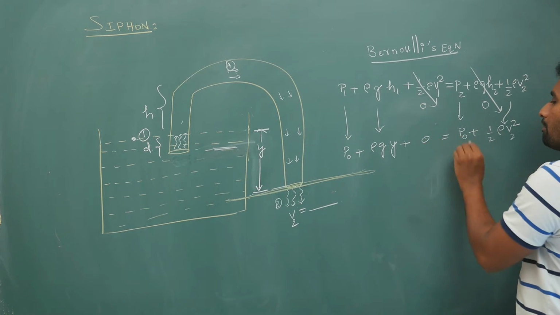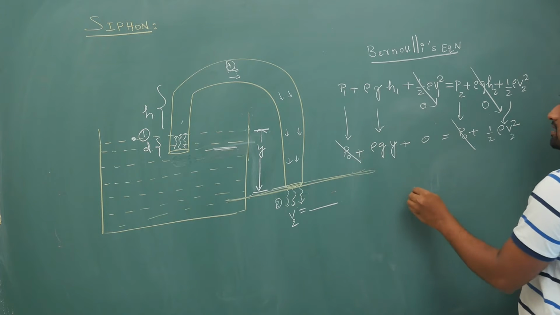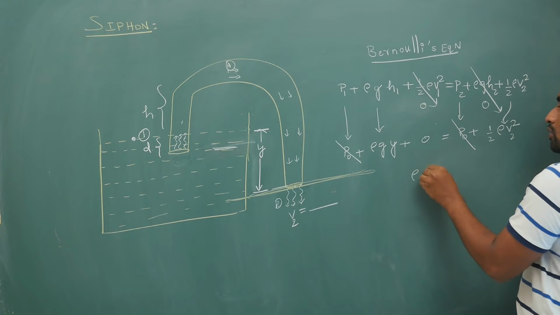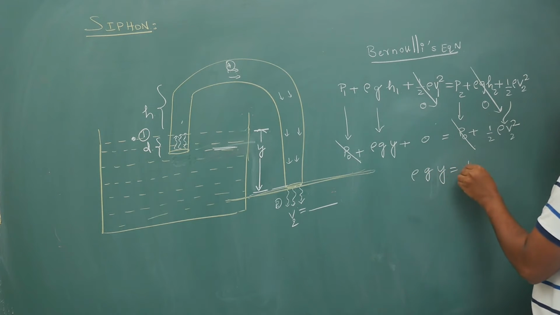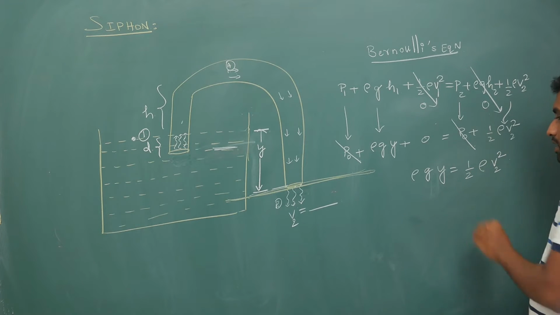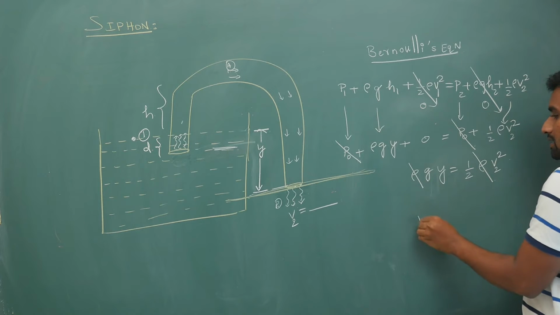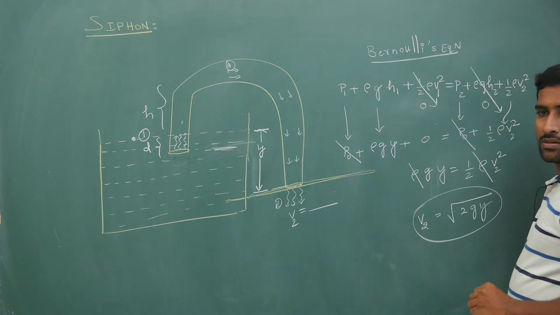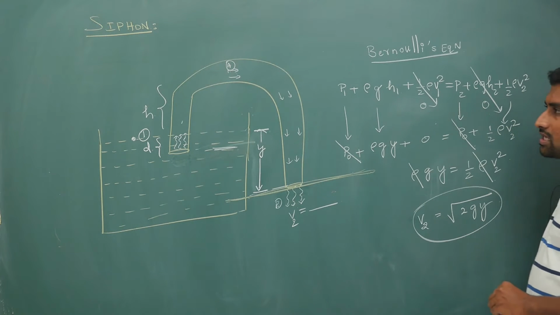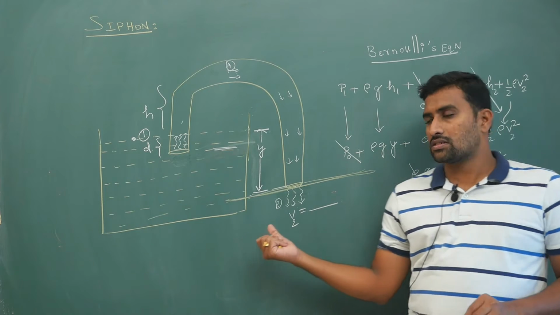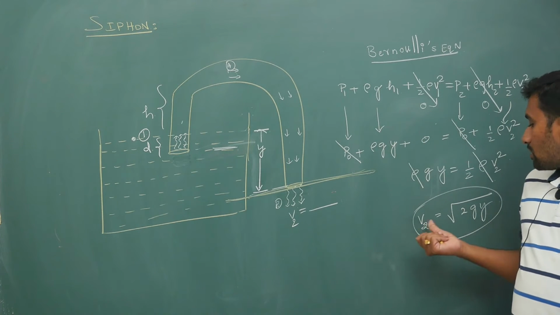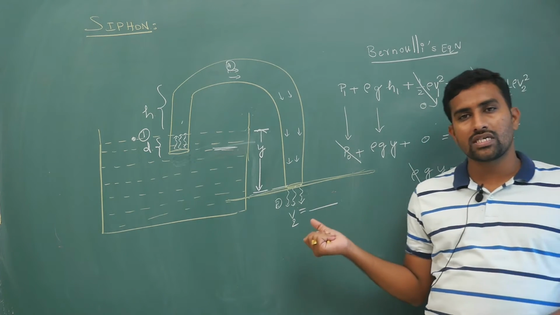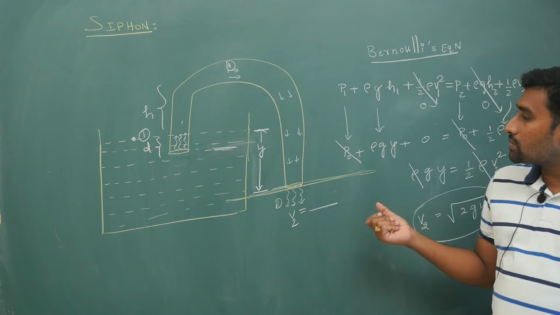So plus 0, and P naught will once again cancel off. Rho g y is equal to half rho V2 square. Rho will cancel off. V2 is under root 2gy. So the velocity of the liquid coming out of this siphon is V2 equal to under root 2g into y. What is y?